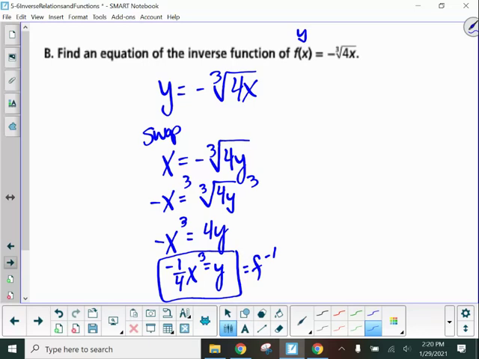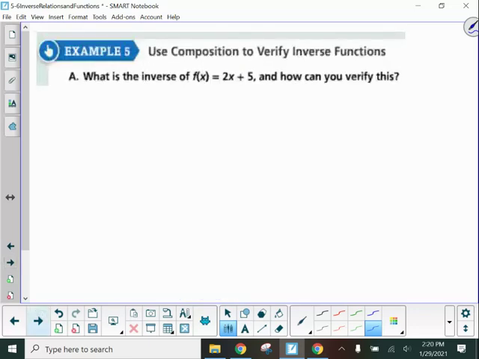And you could always graph that to verify, to make sure that it does map out the way that it's supposed to. Speaking of verifying, we're going to go through another way to verify two functions are inverses of each other, in addition to graphing.